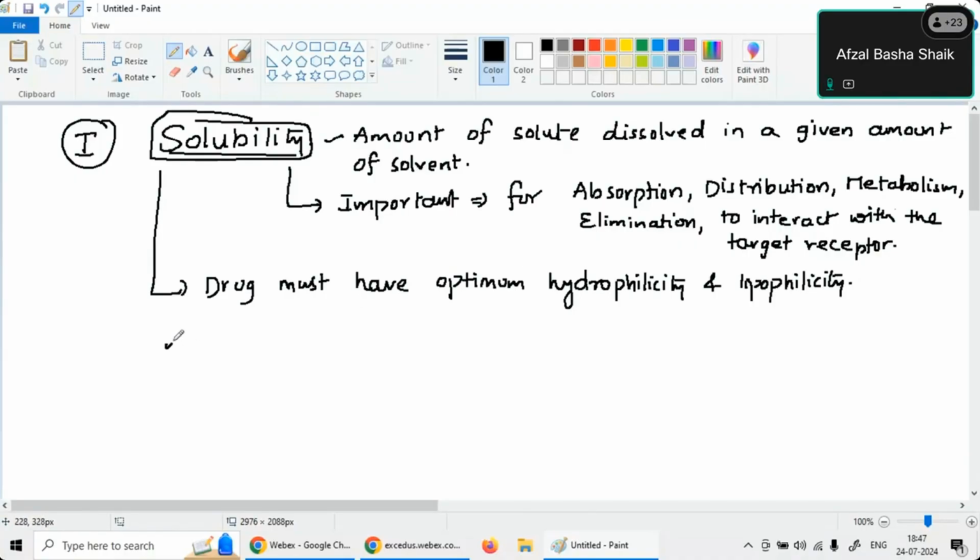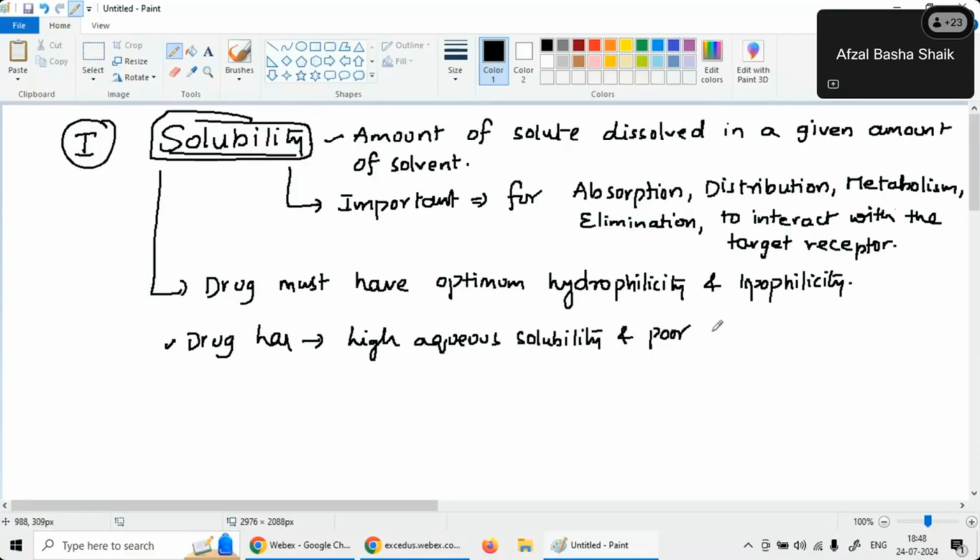Say if a drug has high aqueous solubility and poor lipid solubility, what will be the condition?